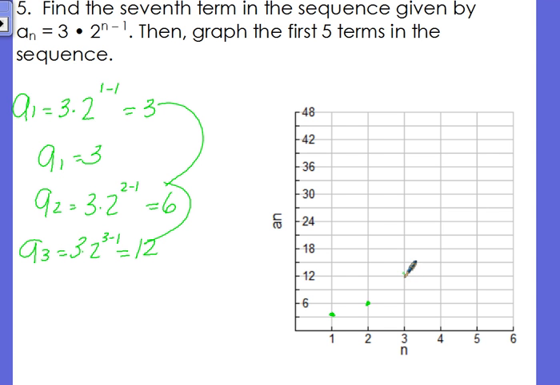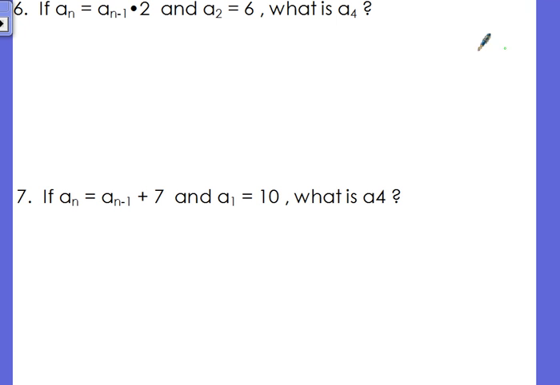So my third term is 12, and then if I double that, I get 24. If I double that, I get 48. So you'll see that that is represented by an exponential, and that matches my exponential here.